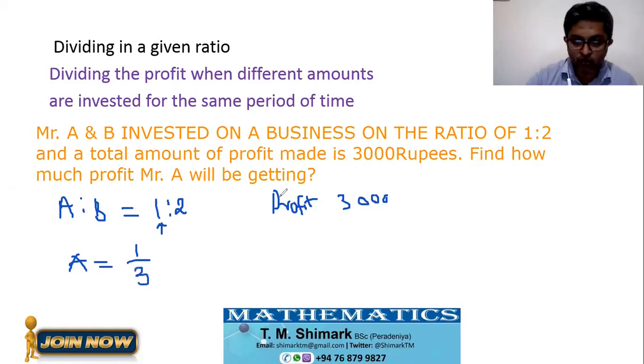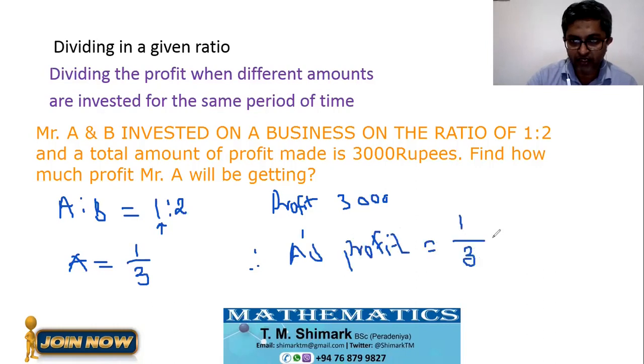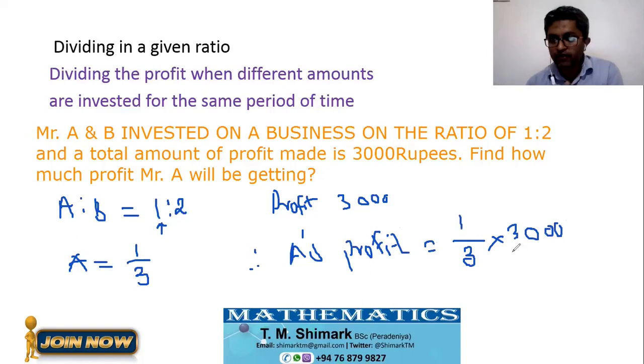That means total profit earned is 3,000. Therefore, A's profit will be 1 by 3 into 3,000. 3,000 is the total profit, no? So that profit will have to be shared as per the investment. Investment was 1 is to 2.